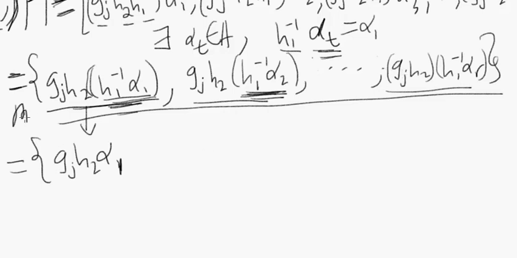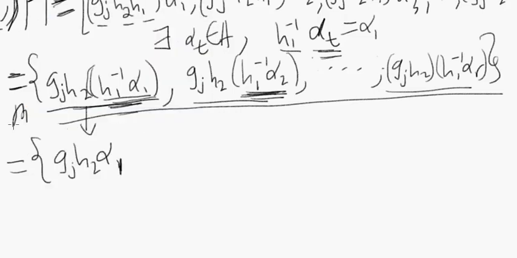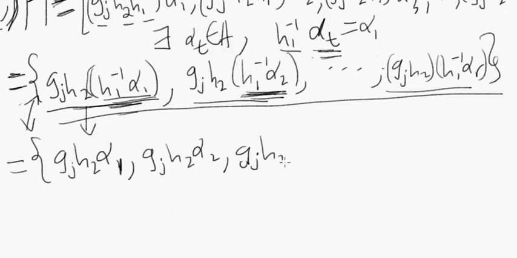Please convince yourself that we can rewrite this set above as gjh2 alpha 1, gjh2 alpha 2, gjh2 alpha 3, all the way up to gjh2 alpha r. Okay, so these sets are still equivalent.